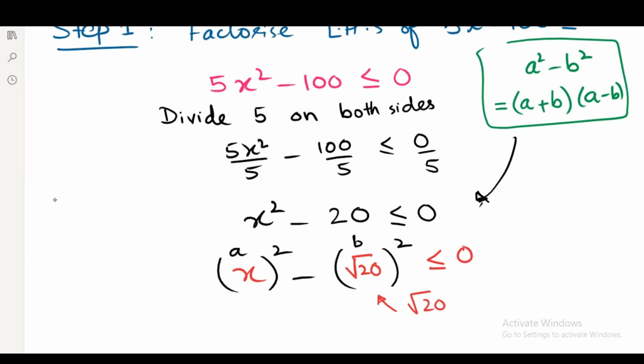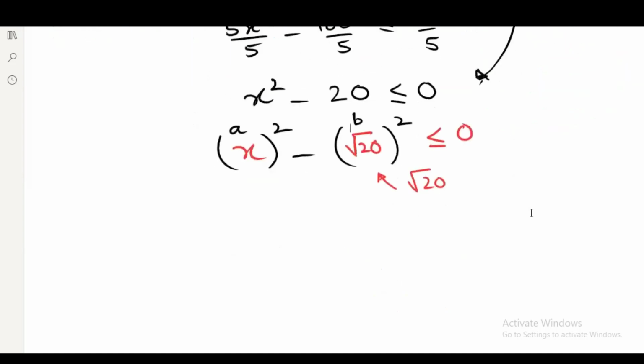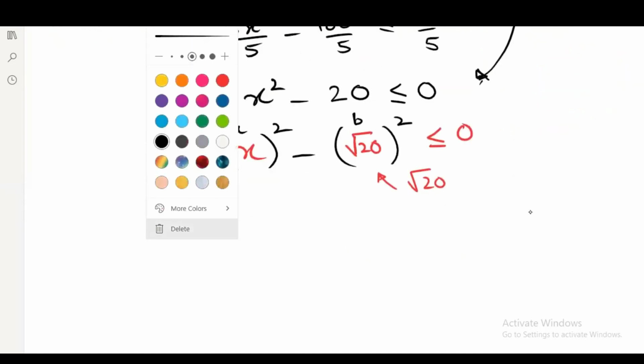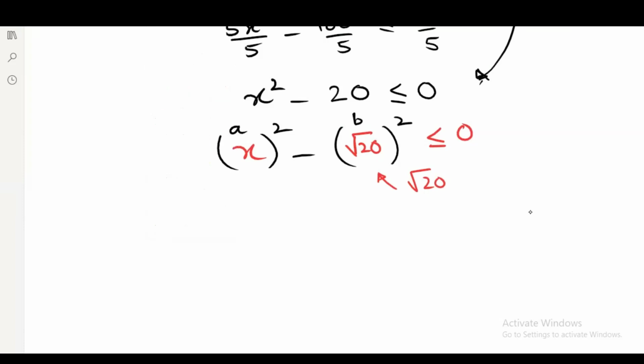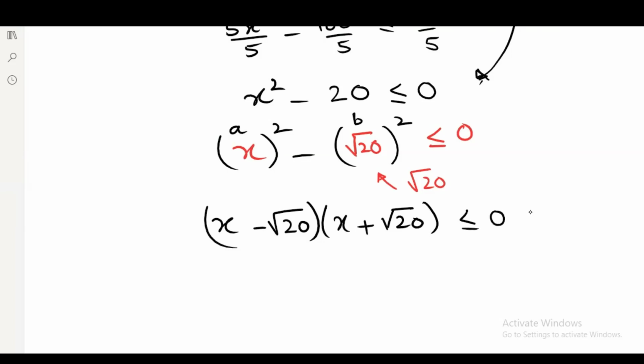So according to this, a squared minus b squared is a plus b times a minus b. We can say the factors of this will be x minus square root 20 times x plus square root 20 lesser than equal to 0.